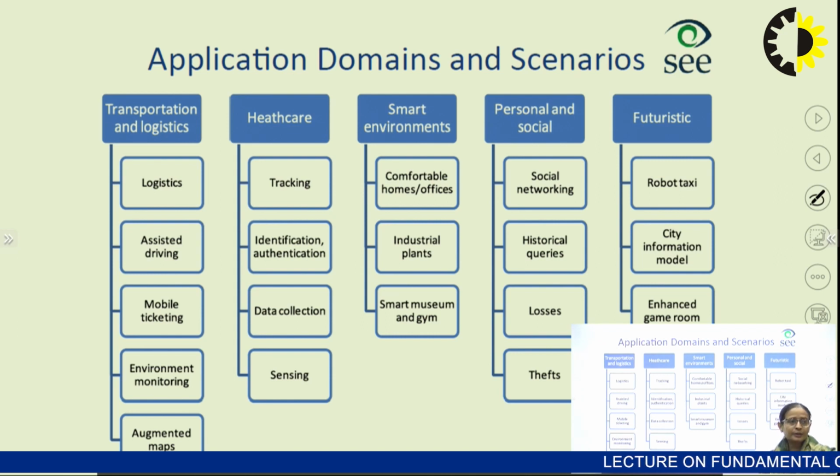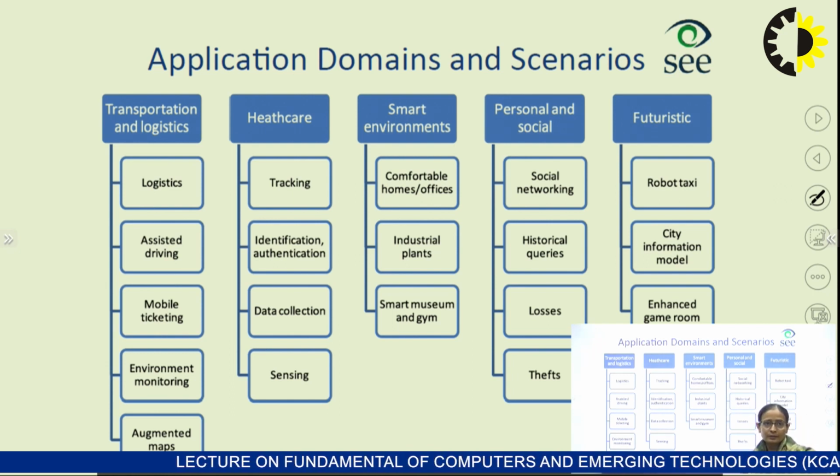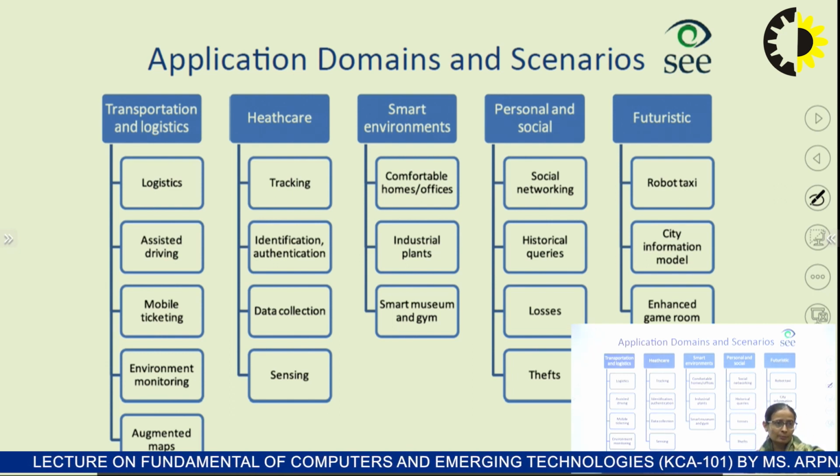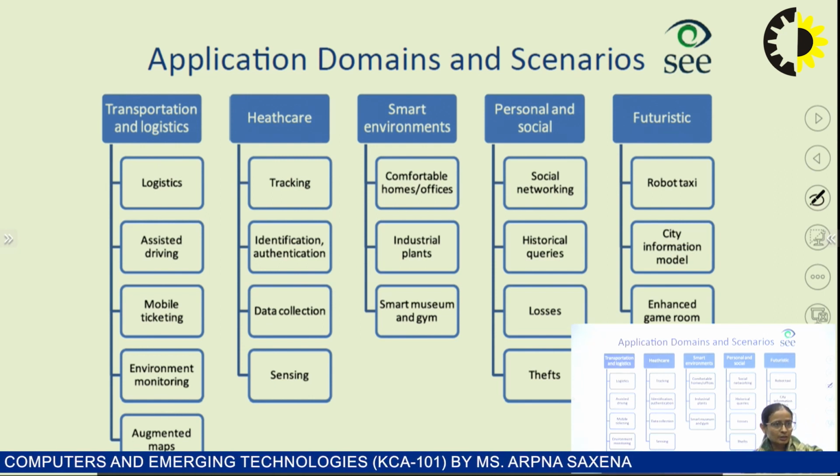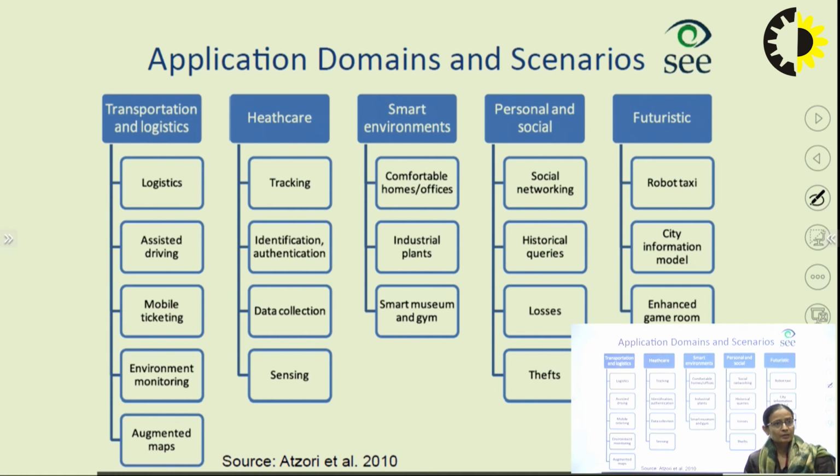We could have IoT applications in transportation and logistics, healthcare, smart environments, personal and social sector, and some futuristic applications. In transportation and logistics, we have logistics, assisted driving applications, mobile ticketing, environment monitoring, augmented maps. Similarly, in healthcare, we have devices which keep track of the health of a person, which might help in identification and authentication of health records, data collection, sensing.